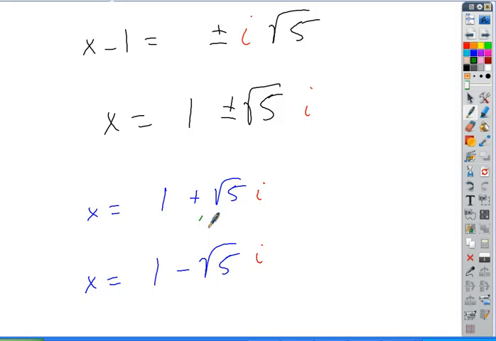Now, what can you tell me about those 2 numbers? They're pretty similar. What do we call numbers that differ only in the sign between the 2 terms? Say it again? No, almost, not quite. When we have something like a plus b and a minus b, what do we call those? What's that word?